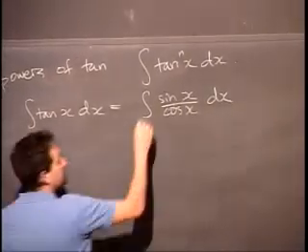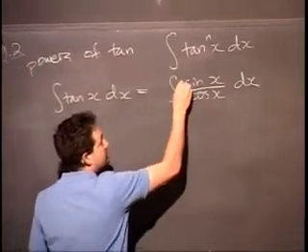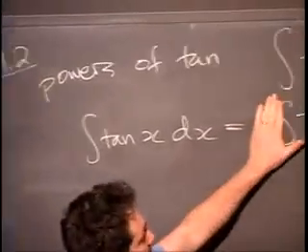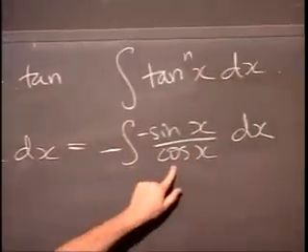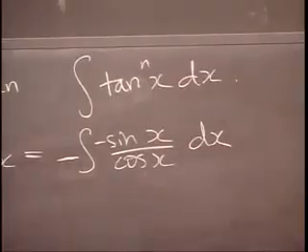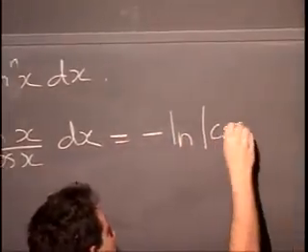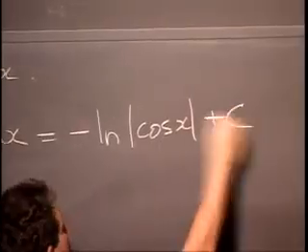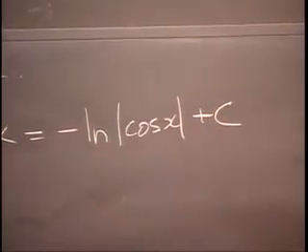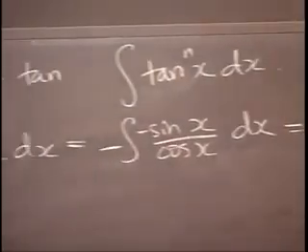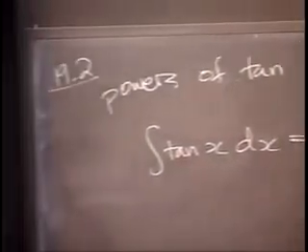So maybe we should put in a minus here and then a minus out the front. And now, ignoring the minus out the front, the derivative of the bottom is the top. So as we've said, the answer is just log of the bottom, absolute value. And we'll have a minus because of the derivative of cosine being sine. Okay, so the first power of tan isn't too bad. Pretty standard.